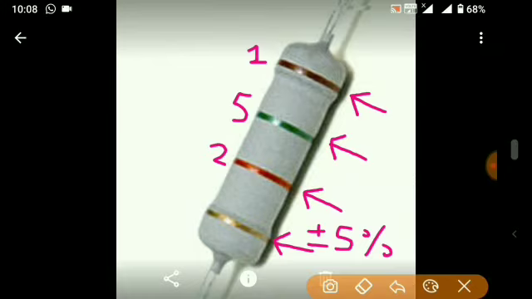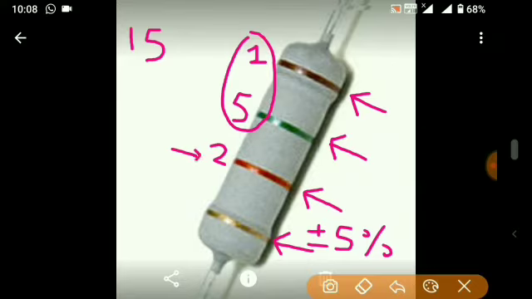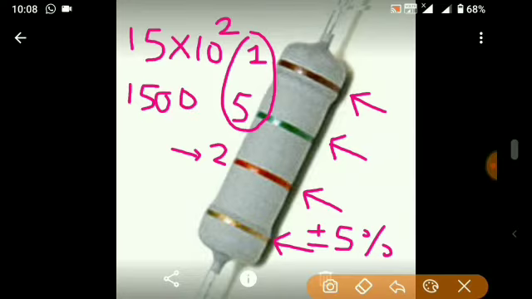Now the first two digits, 1 and 5, make 15, and then the third digit gives the power of 10, so into 10 raised to 2, so it is 1500 ohm. So the value of this resistor is 1500 ohm.